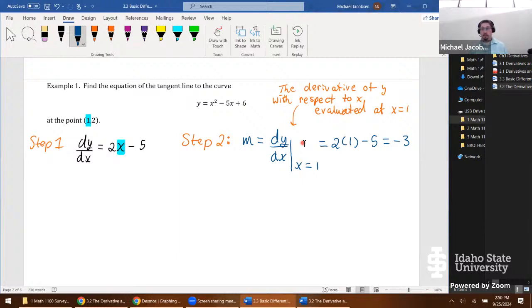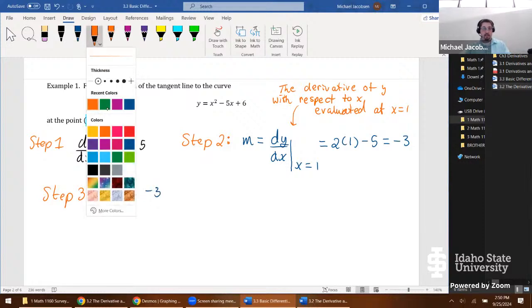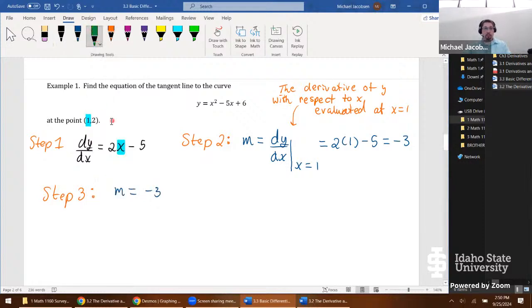Okay, step 3 is us just finalizing and finding the actual equation. So here's how it goes. Step 3, we now have a slope, m, equals -3. We take the original point, which is 1, 2, write x1, y1 equals 1, 2.